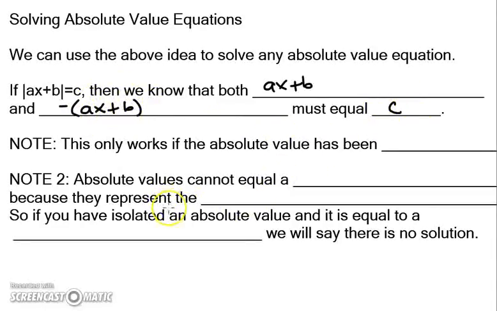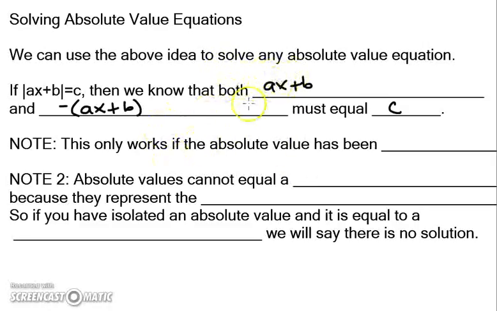So that's how we're going to go about solving absolute value equations. We're going to take the subject of our absolute value, the thing inside the absolute value, and that has to equal whatever we set the equation equal to, and the opposite of our subject, so in this case negative ax plus b, has to also equal that same c. Now there's two notes that we have to keep in our mind when we're doing this.